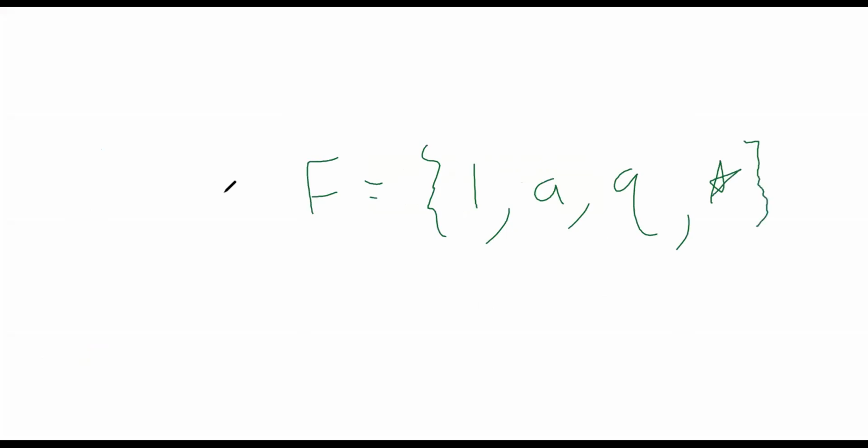Call it the set F, and it can be the number 1, but then it can be the letter A, the letter Q, I don't know, an asterisk. I guess a set is nothing more than a collection of objects. It doesn't matter if there's any connection between the objects. Here, I would argue there really isn't a connection that's worth pondering about. There's just 4 seemingly random objects, but this still is a set.